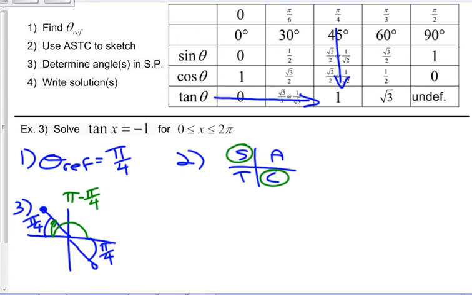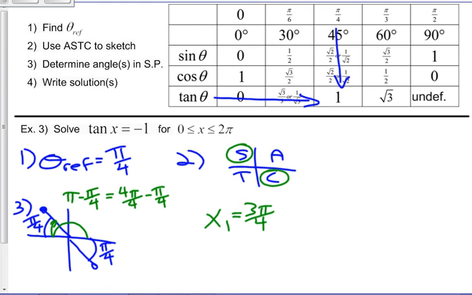It's pi over 4 less than pi, or 180 degrees. Okay? And you would think of that as 4 pi over 4 minus pi over 4, giving us that first solution of 3 pi over 4. And it does look like that size angle, like 135 degrees.